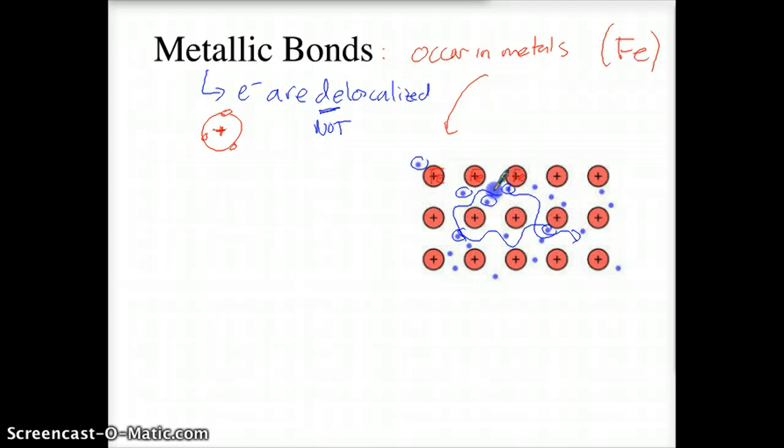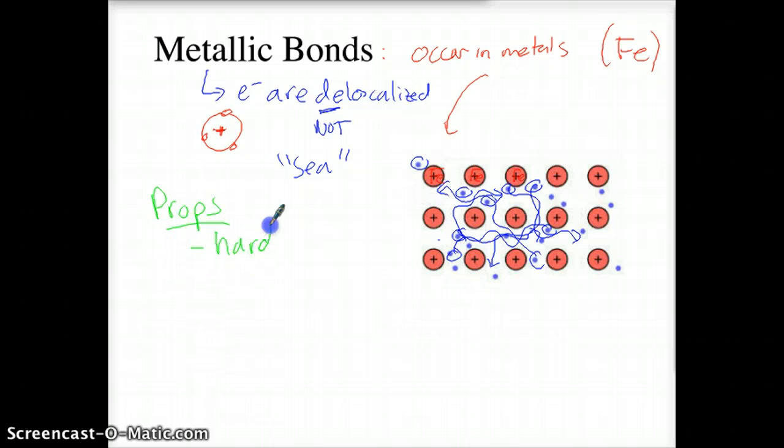It can move around all these positive charges because it's attracted to every single one of them. There's what is often called a sea of electrons, because they can move in any different direction between all of these positively charged cation metals. So since we have this delocalization, what does that tell us about the properties of metallic bonds? Well, we've learned a few of them.